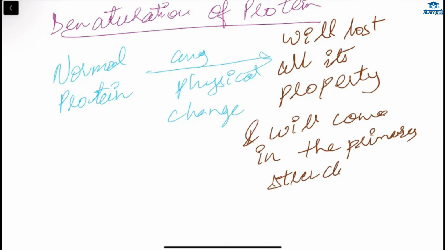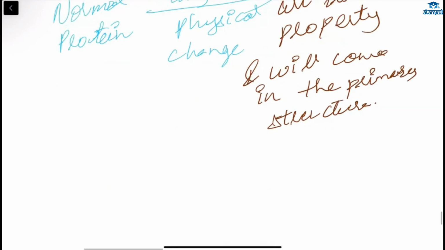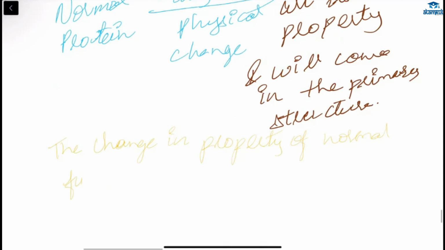So the definition becomes: the change in the property of a normal working protein due to any physical change is called denaturation of the protein.